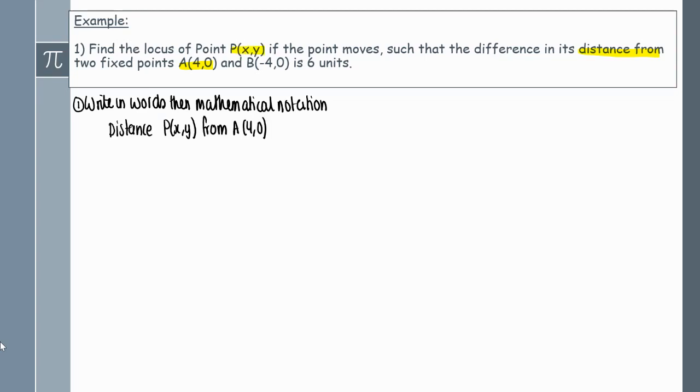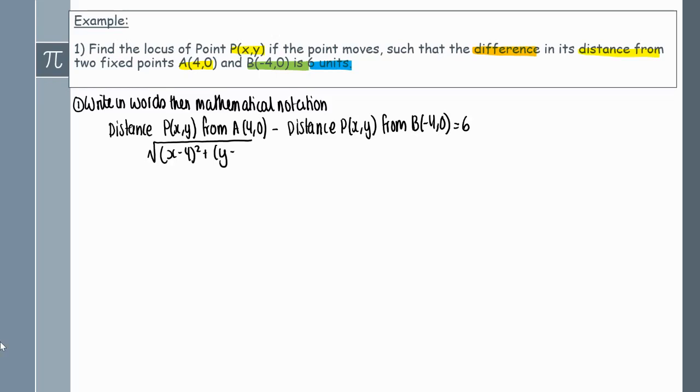Then remember we have this difference here, or basically this subtraction, so we put in our minus sign. The distance from P to now B. And we know that all of this is equal to 6 units. Okay, great. I've got a very clear representation of what I'm trying to write.